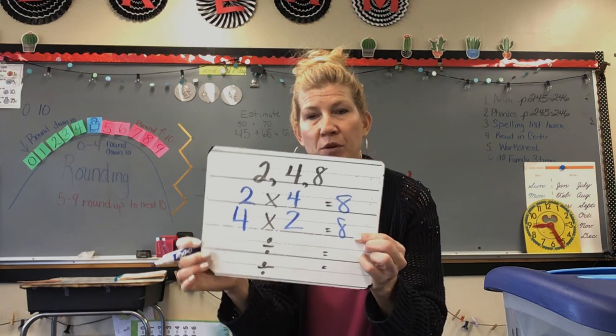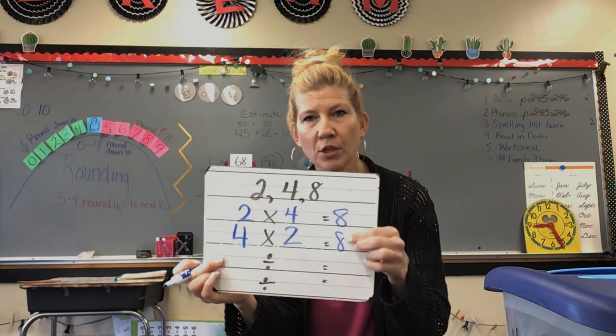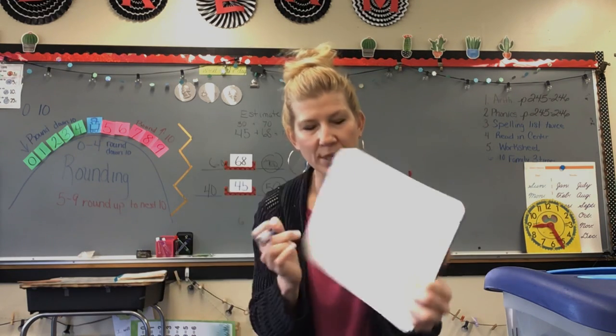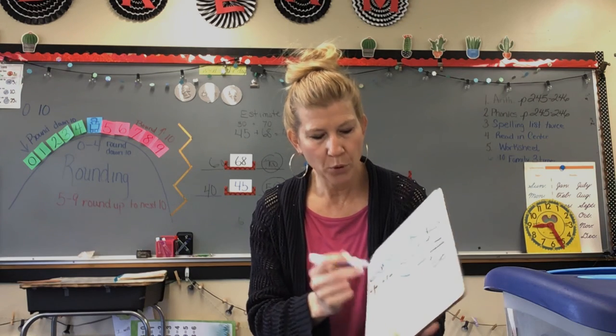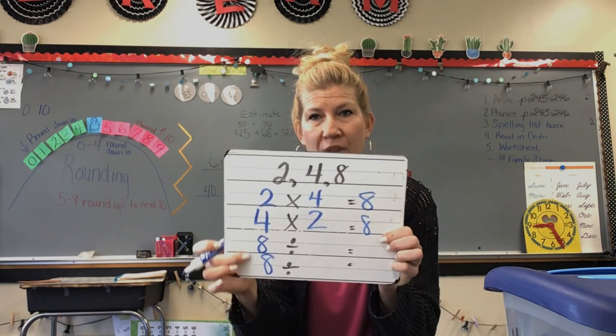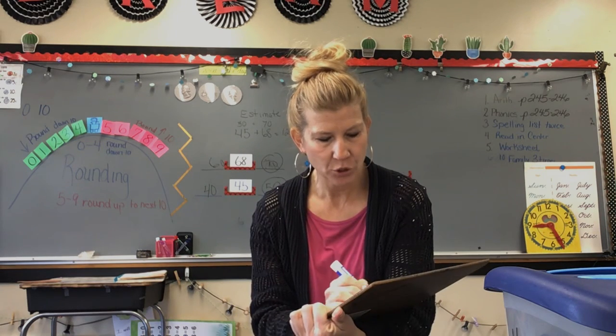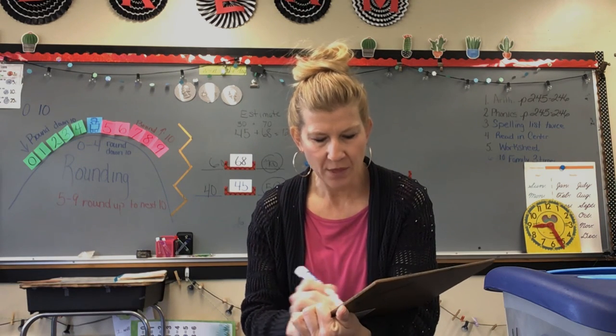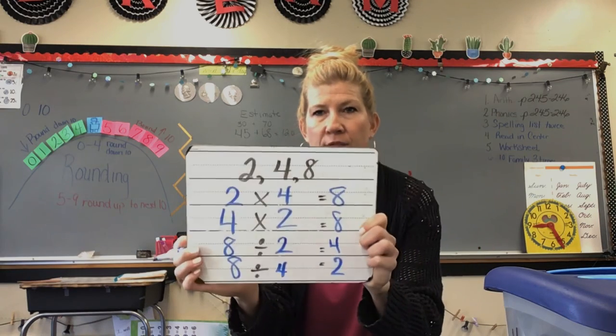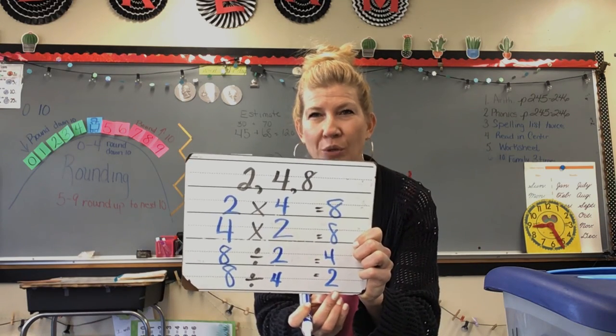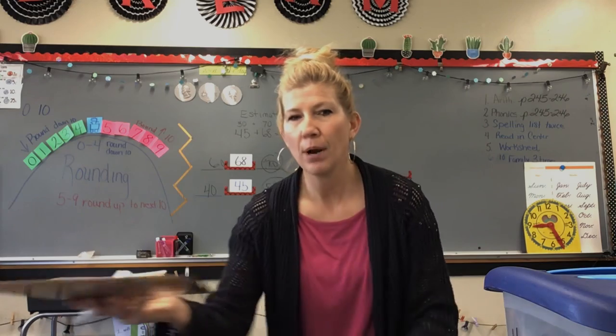Now, same thing for division. Your big number goes first. So what's our big number for this? It was 8. So both of these have to start out with 8. And then you just pick one of your choices. 8 divided by 2 equals 4. And then the opposite, 8 divided by 4 equals 2. So that is how you will do that problem.